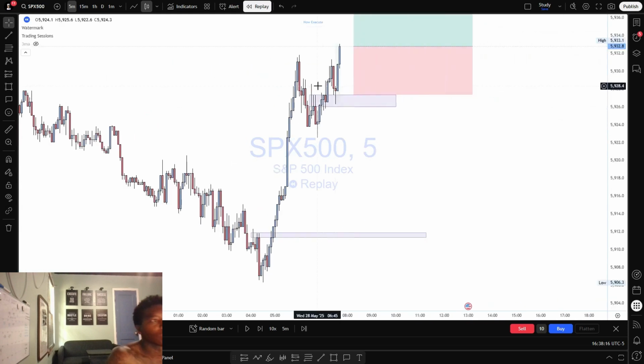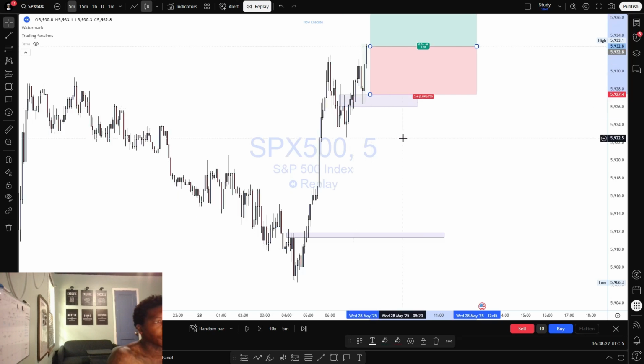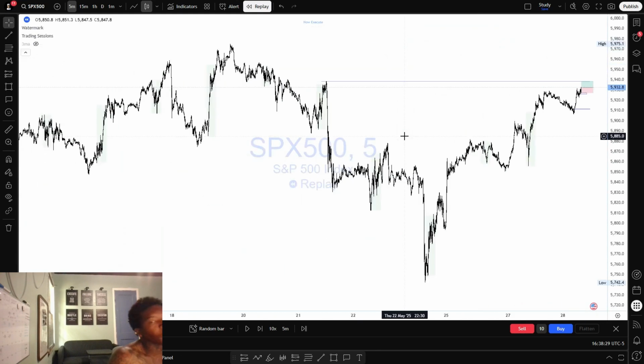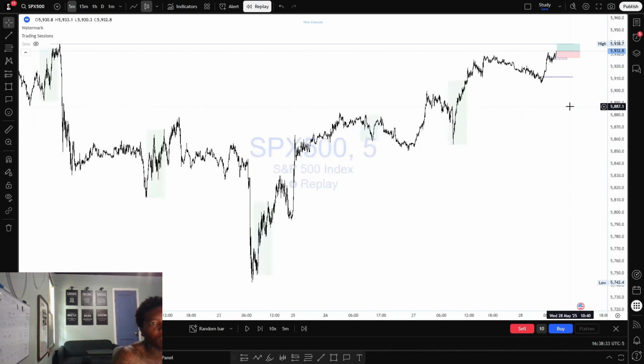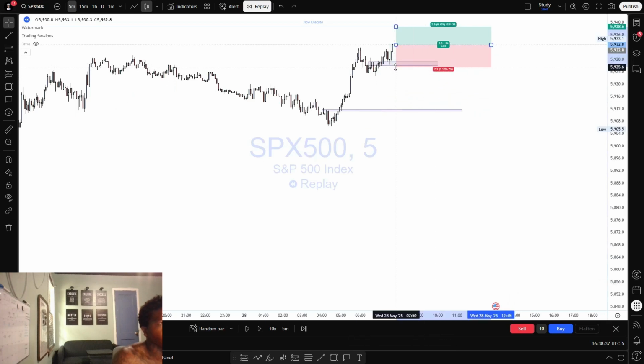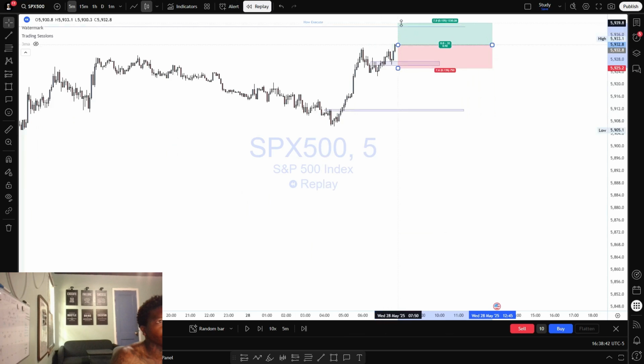I mean, it pretty much already retested, but it's just if it comes back to the point again. But if I do see it still being bullish, it can break above this. That's just the thing with that. So let's actually do that. Let's put this under the zone. Don't put this above here.